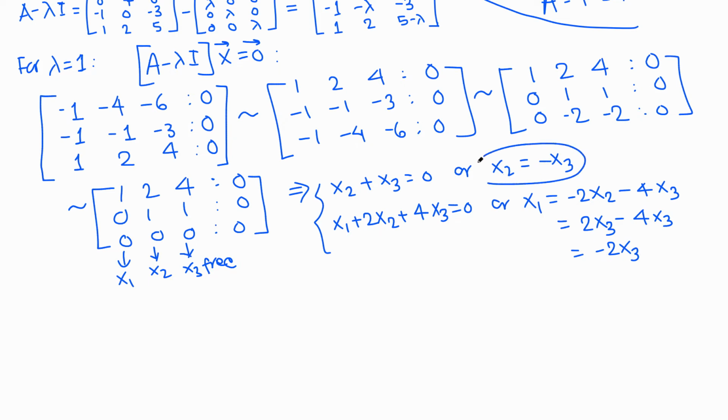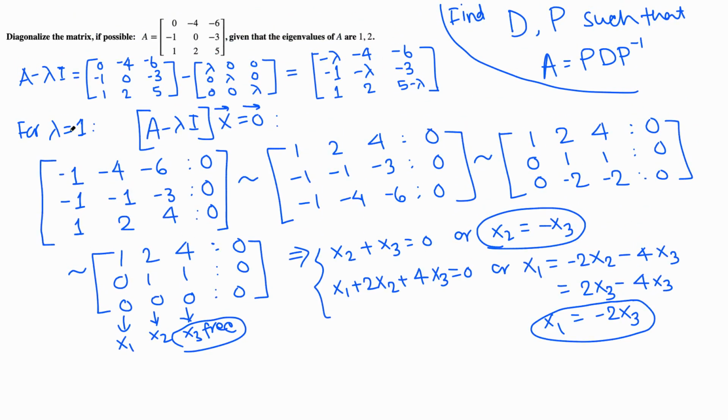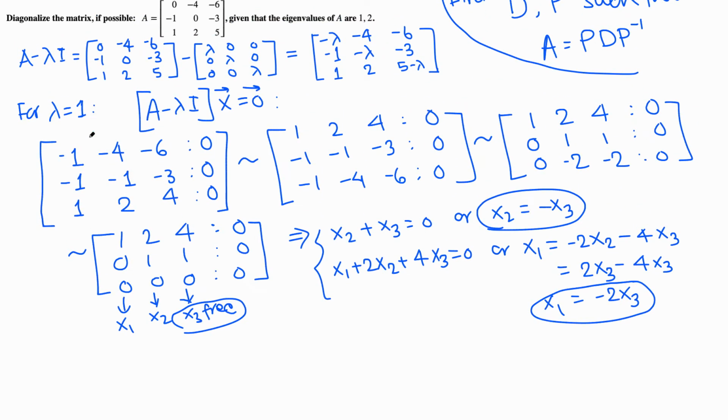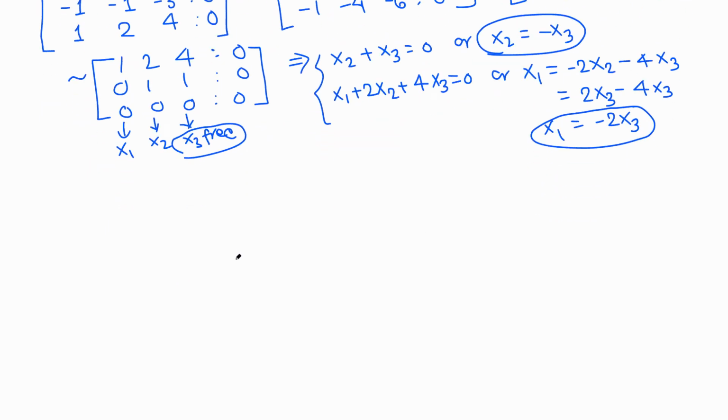So x2 is here and x1 is here, and x3 is just a free variable. Thus we found the corresponding eigenvector for lambda equals 1, or a basis for the eigenspace.